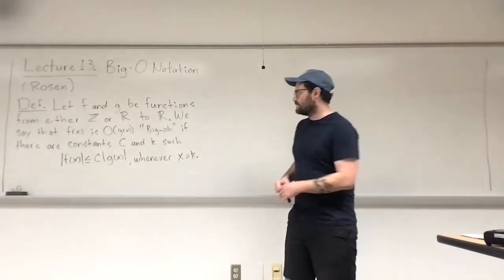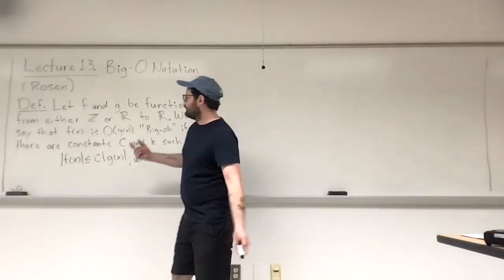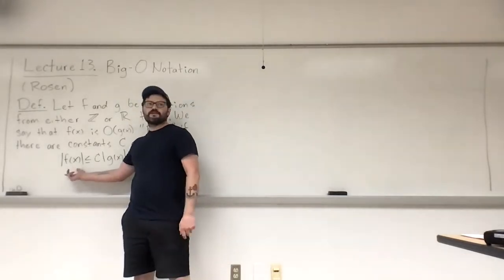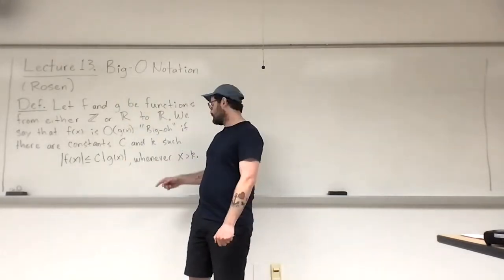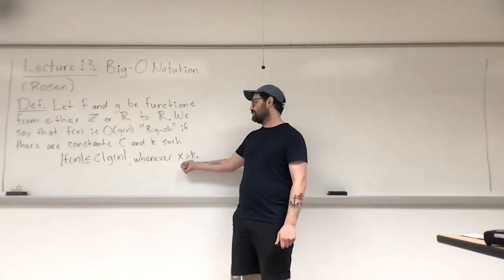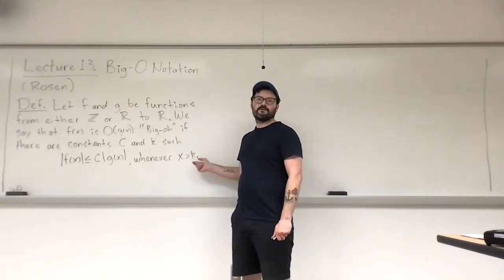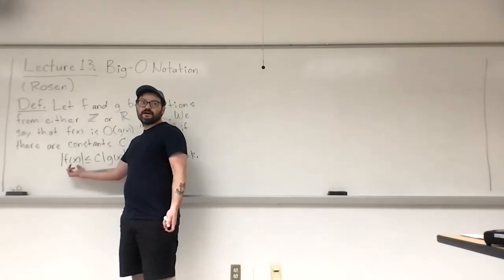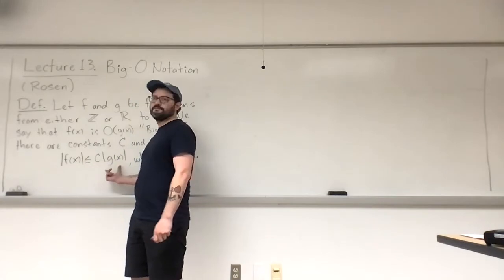So what this is saying is that if f of x is big O of g of x, then in magnitude, as x is increasing, at some point there's a cutoff k. For all x greater than that cutoff, the magnitude of f is no more than a constant times the magnitude of g.